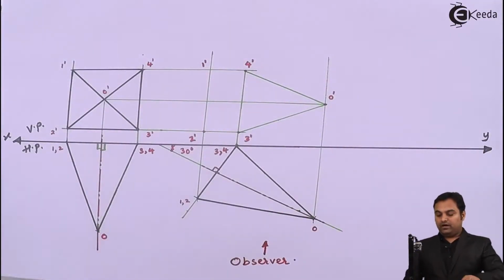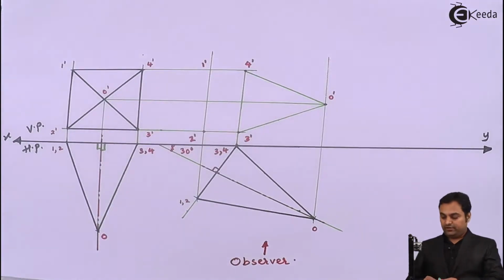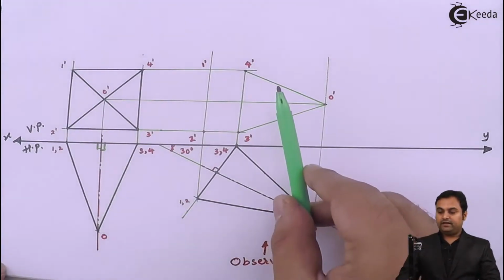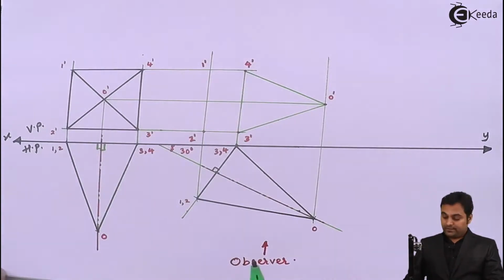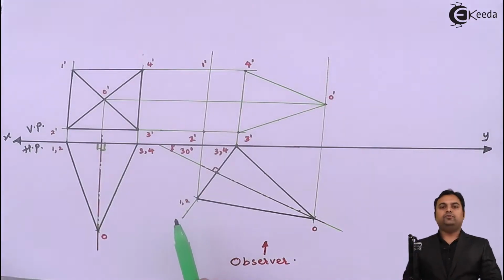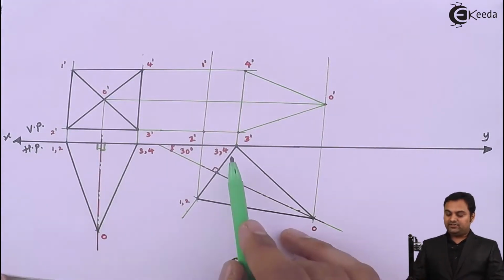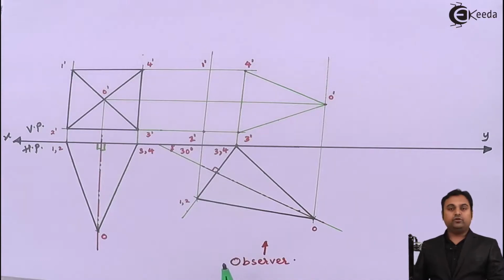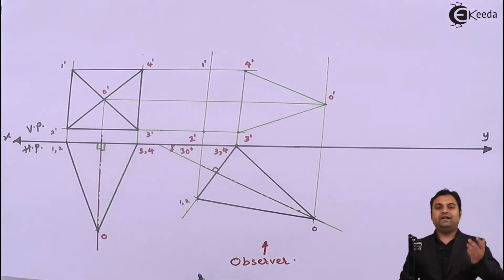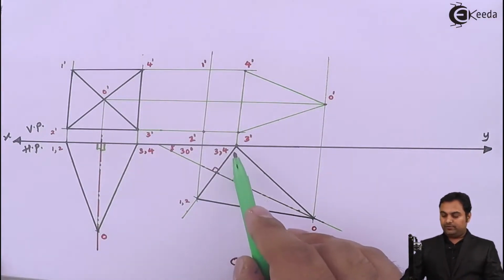Now the outlines I have drawn. When the observer is here, looking into the top view and trying to draw the front view, then these points 1 and 2 mean that it is an edge. That edge is closer to the observer, whereas the edge 3 and 4 is not visible to the observer because it is coming behind. So 3 and 4 will be hidden.